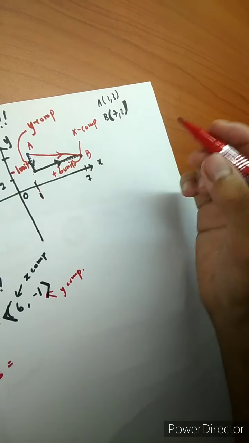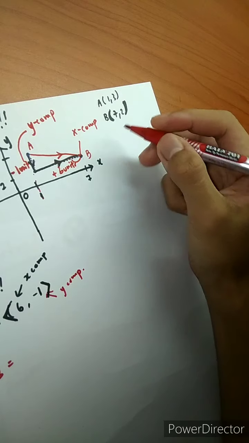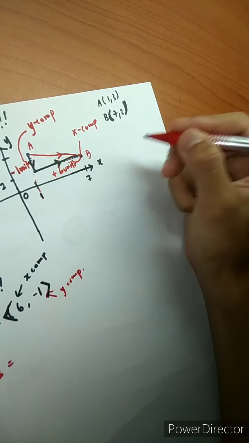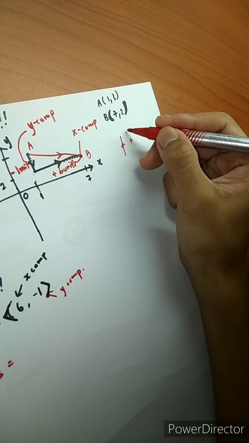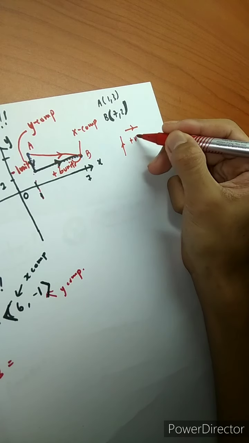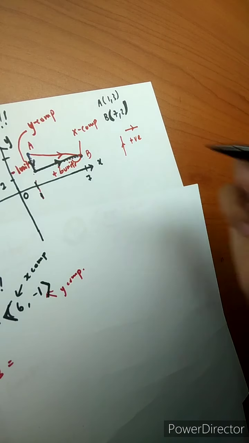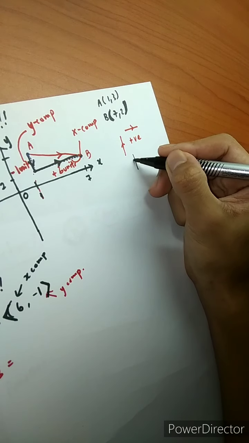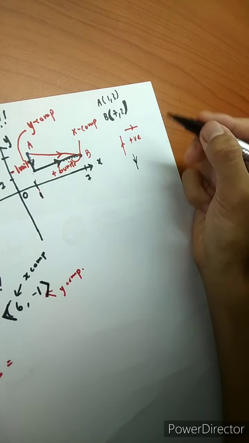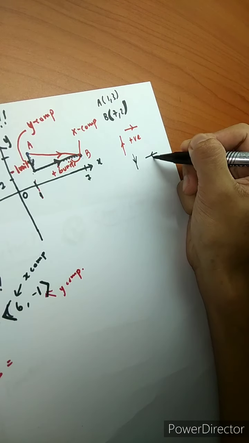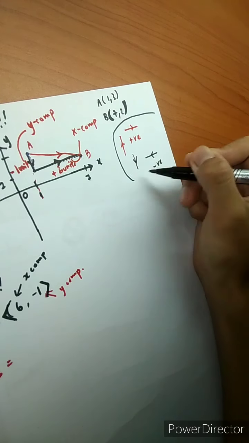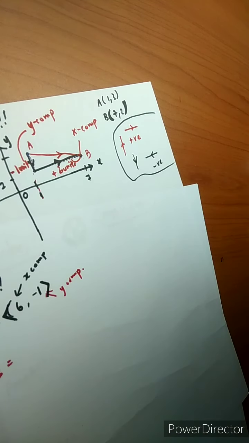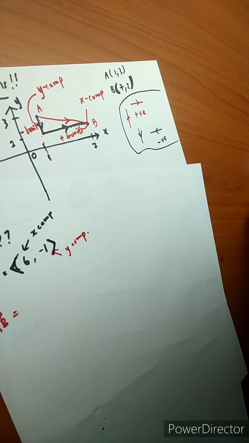So remember, if the vector travels to the top, it is positive, or to the right, it is positive. Otherwise, when it travels to the bottom, downwards, or to the left, it is negative. You must keep that in your mind, because that's important when you resolve a vector in physics.